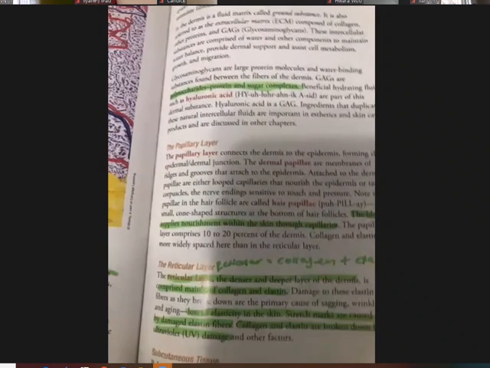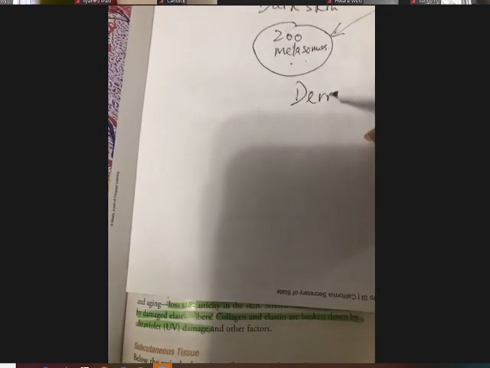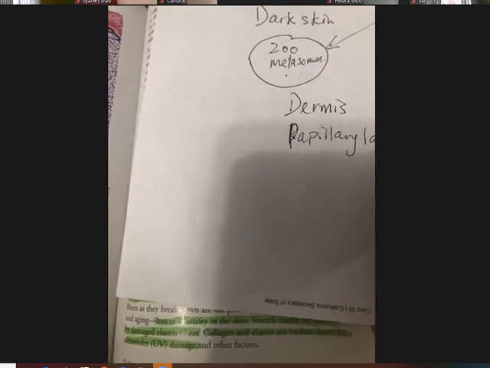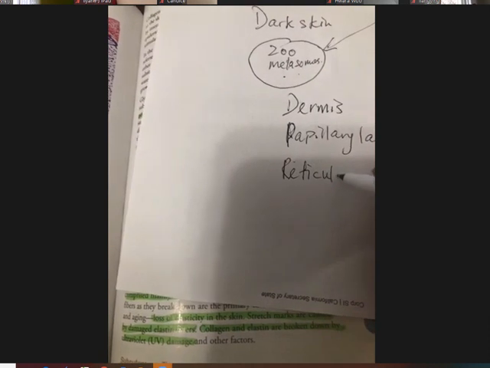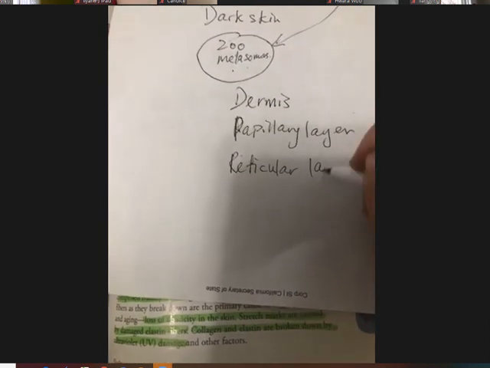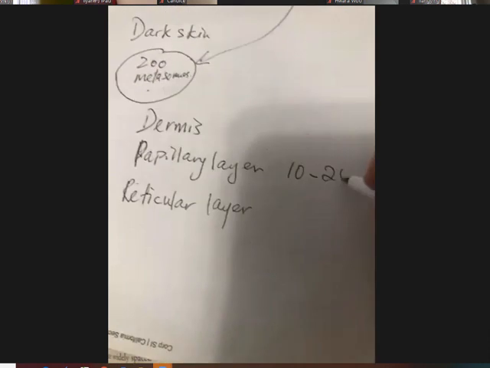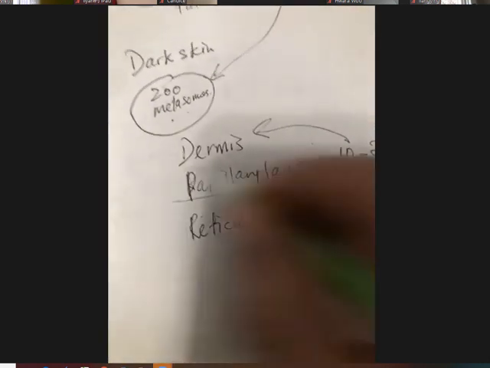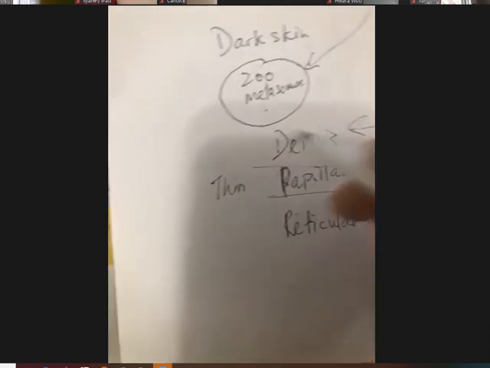So your dermis has 2 layers, the papillary layer and the reticular layer. This one is only 10 to 20% of the dermis. So this one is a thinner layer, thinner than this.